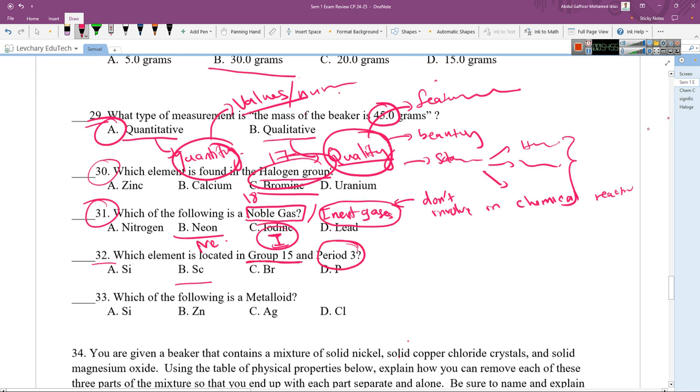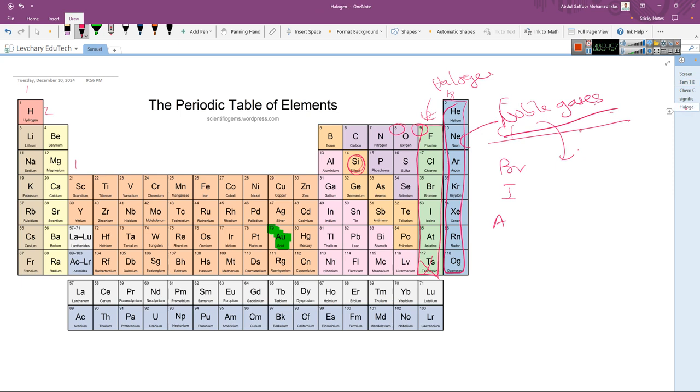So do you know about groups and periods in the periodic table? Groups are columns and periods are rows.